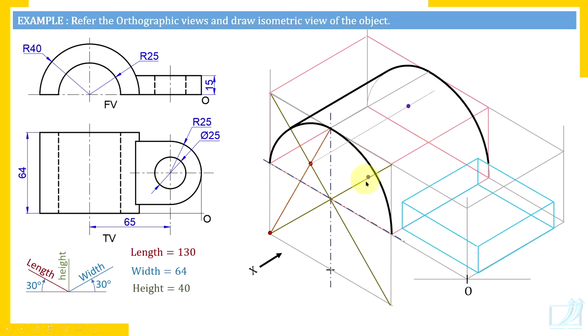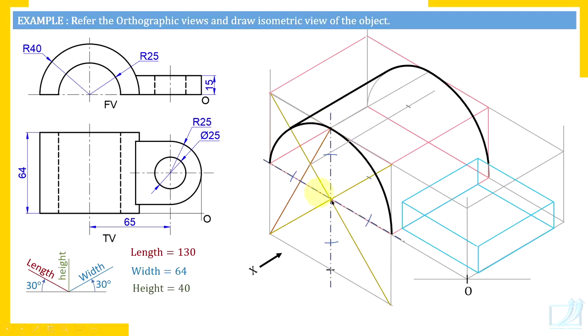So here let's complete the semicircular opening. So what is the radius? Radius is 25 millimeters. Center lines are already available here. So from the center, along the center line, this is how we have marked points at distance equal to radius from center on these center lines.